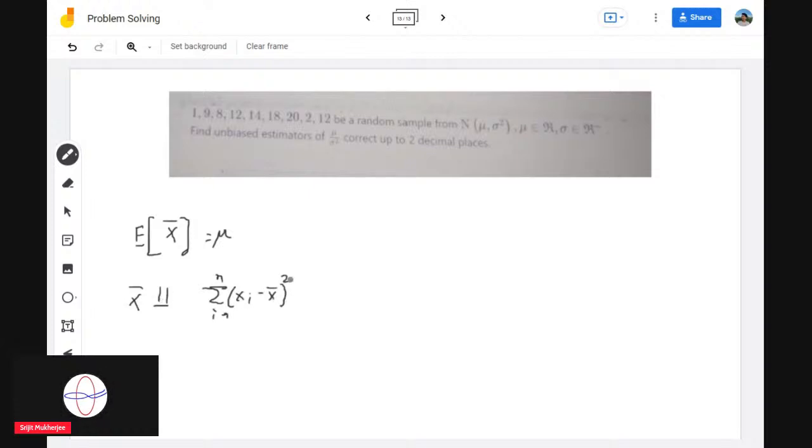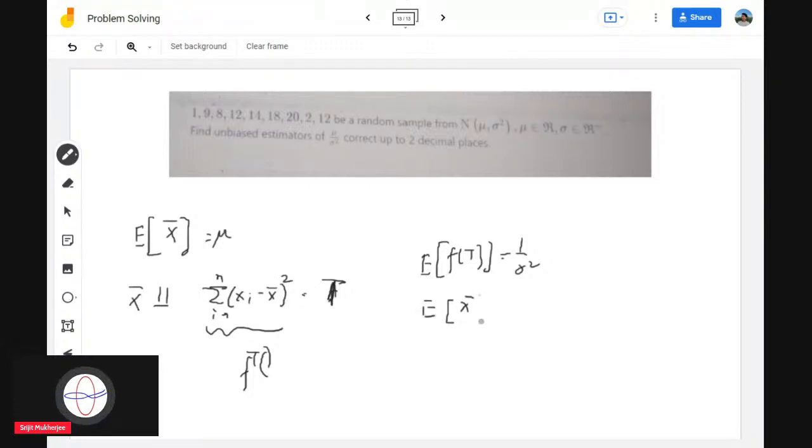If we can find a function f of t, where t is that statistic, such that the expectation of f of t is equal to 1 by sigma square, then since x bar and f of t are independent, the expectation of their product is mu by sigma square.